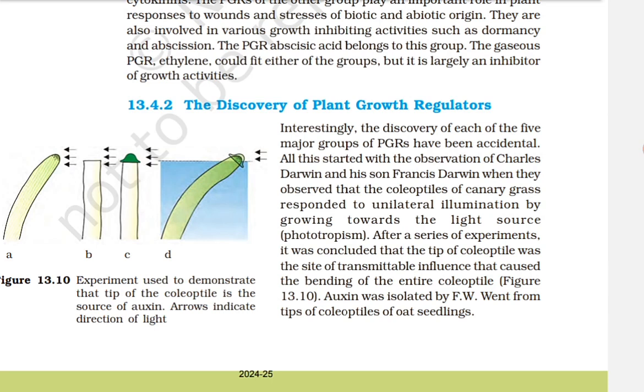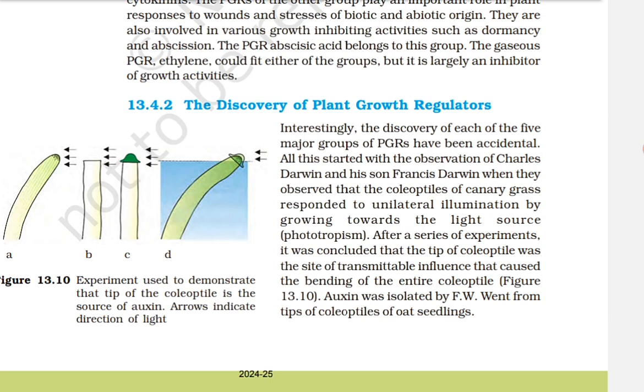After a series of experiments, it was concluded that the tip of coleoptile was the site of transmittable influence that caused the bending of the entire coleoptile. Figure shows that.